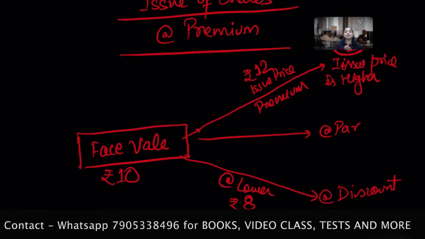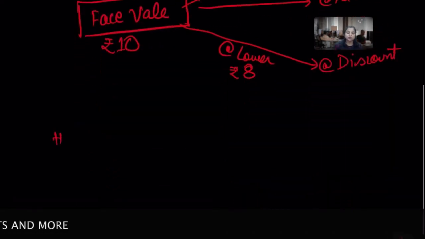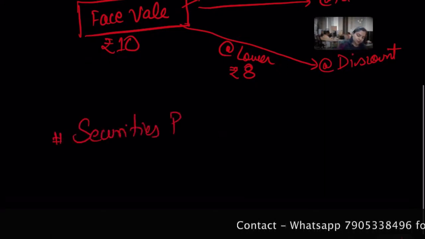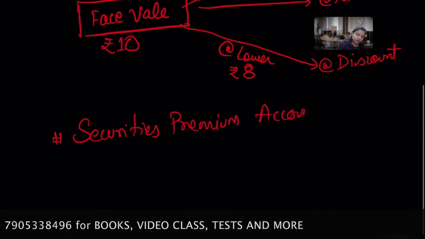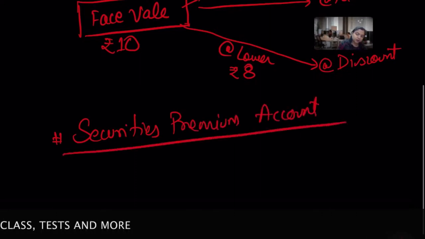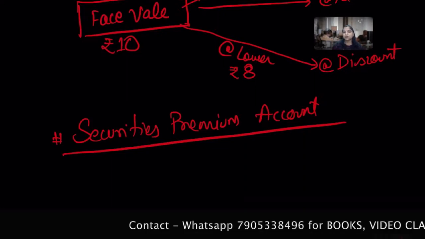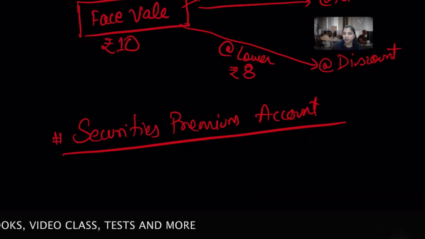We are required to prepare a separate Securities Premium Account. I'm writing the bold words, securities premium account. Whenever there is a situation of premium on an issue of shares, it is not to be treated as revenue in nature, so we cannot treat it as a revenue profit.